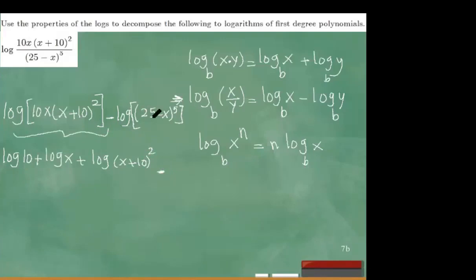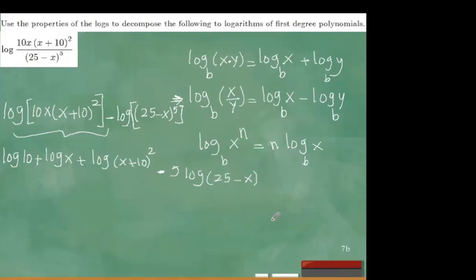Minus, here I can move the 5 right in front of the log because all I have here is a power. That's log of x to the power of n. So it would be minus 5 log of, my argument would be 25 minus x. You notice 25 minus x is not a product, quotient, or power, so I cannot move ahead with expanding this part.